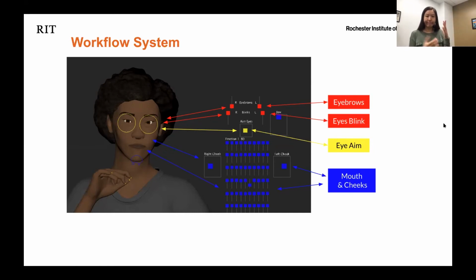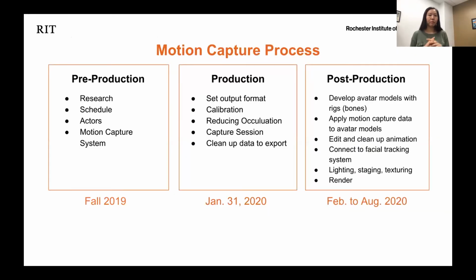And therefore, facial expressions are a marker within the ASL language, which is very different than someone who would not be signing. It's a whole different process, and it's unique to deaf individuals and our language. And so all of those include the eyebrow movements, mouth movements, and eye blinks.